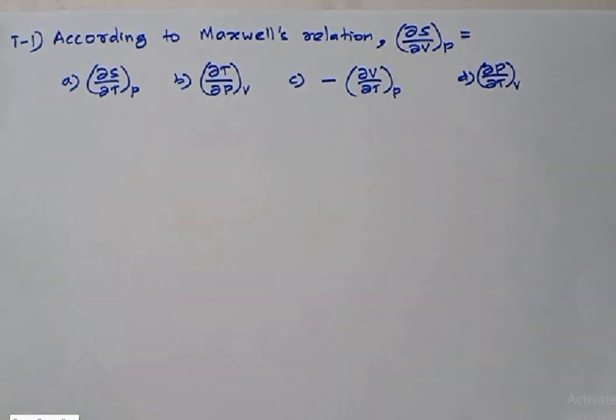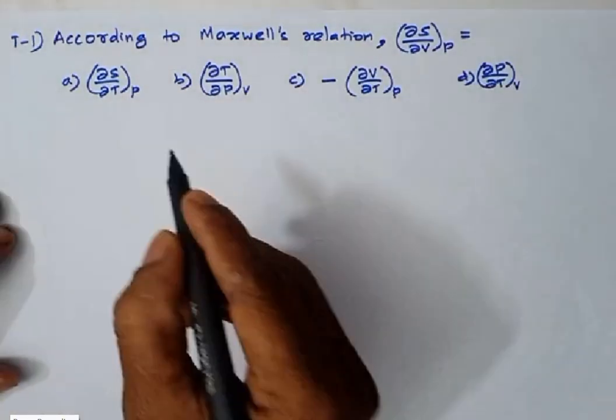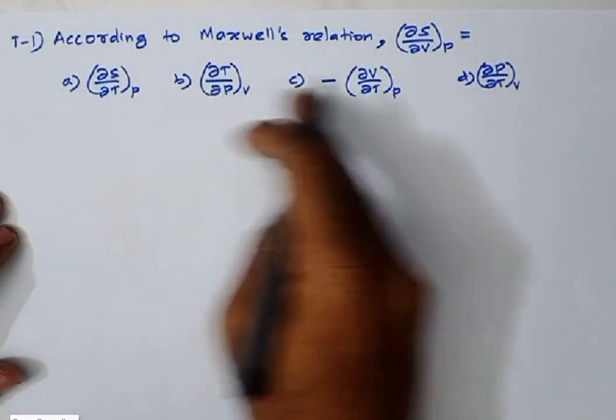So you know very well that for this question the correct option is here. They have given a relation here, and we need to find out the correct option.